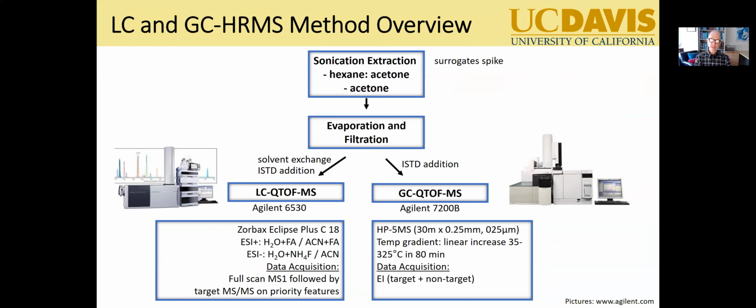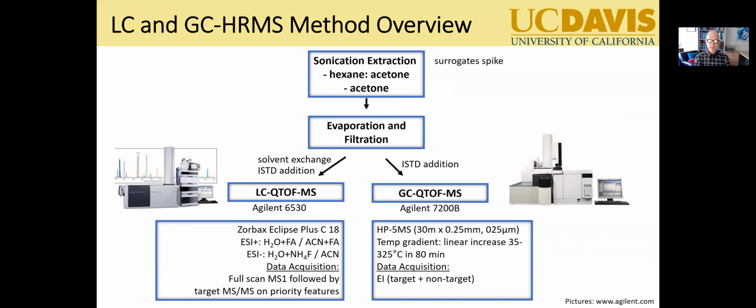To do the LC side, we do a solvent exchange. On the GC side, we add an internal standard. There's a series of internal standards added to the LC samples. The analysis is done on two quadrupole time-of-flight instruments, the Agilent 6530 LC and the Agilent 7200B GC.